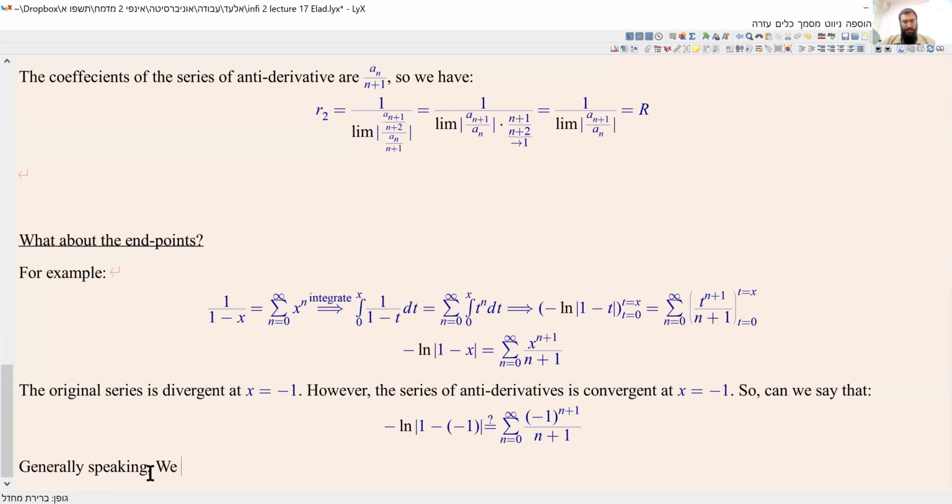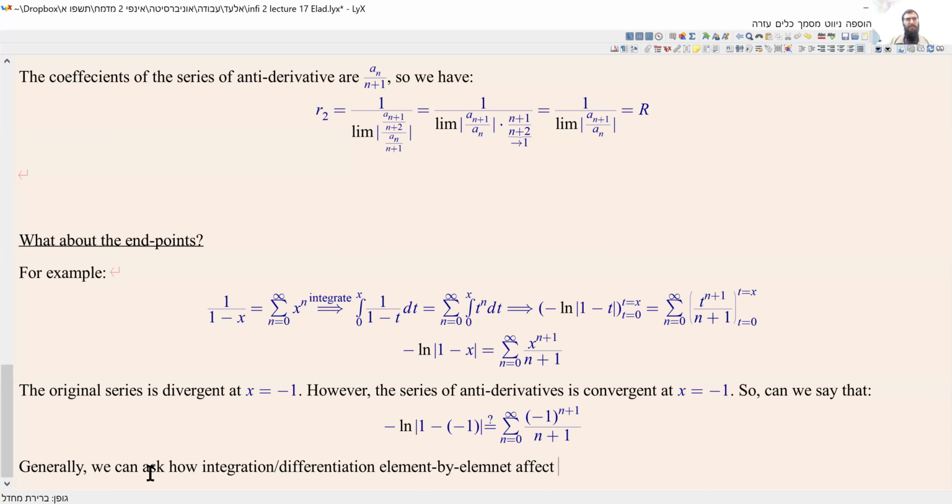Generally speaking, we can ask how integration/differentiation element by element affects, it's with A or with E?